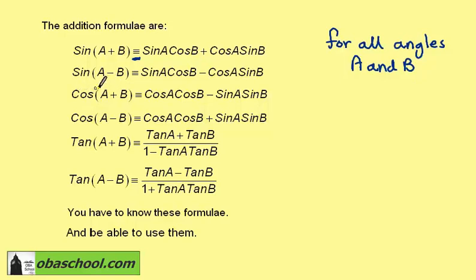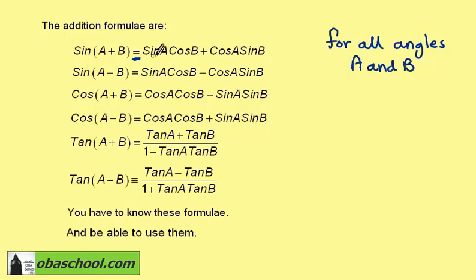The sine of A minus B is identical to sine A cos B, take away cos A sine B. We have the cosine of A plus B equal to cos A cos B minus sine A sine B. And the cosine of A minus B identical to cos A cos B plus sine A sine B.